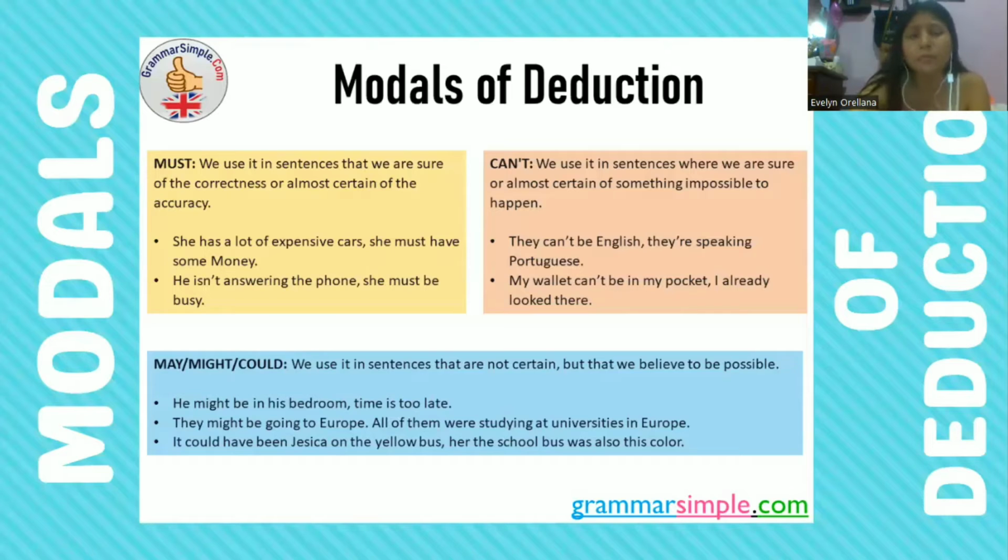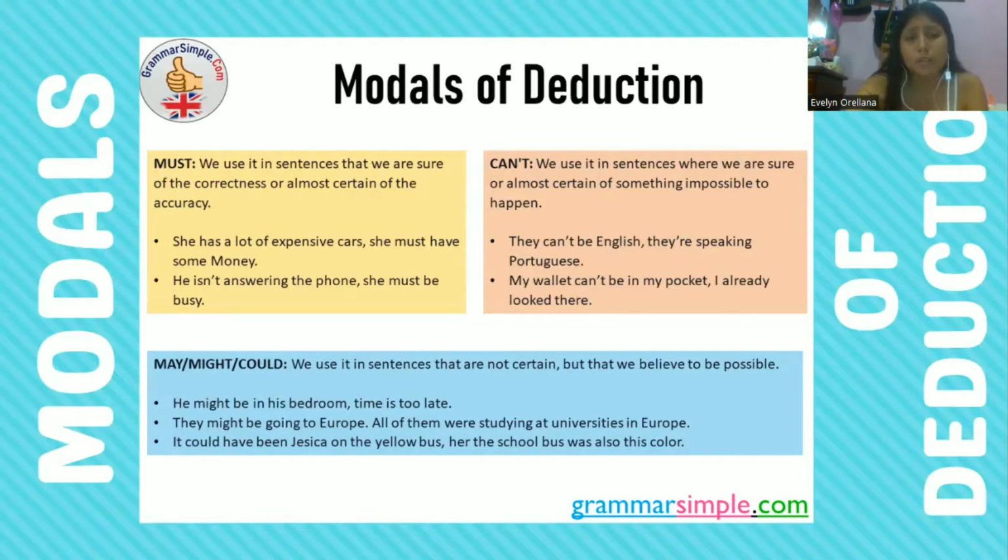Example: she has a lot of expensive cars. She must have some money. Can't: we use it in sentences where we are sure or almost certain that something is impossible. Example: they can't be English, they are speaking Portuguese.